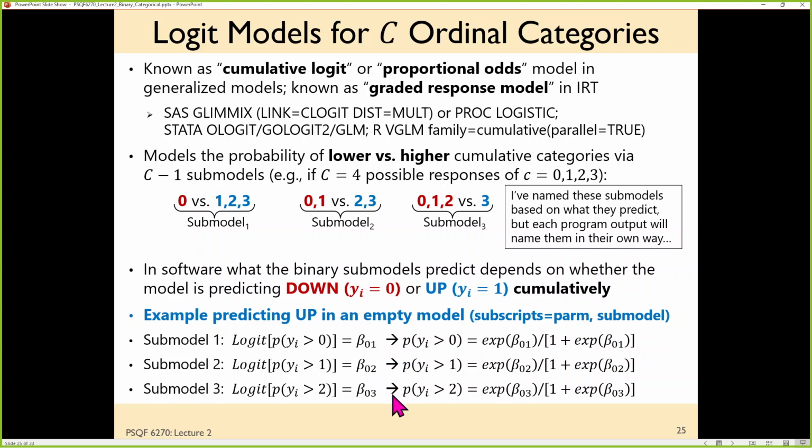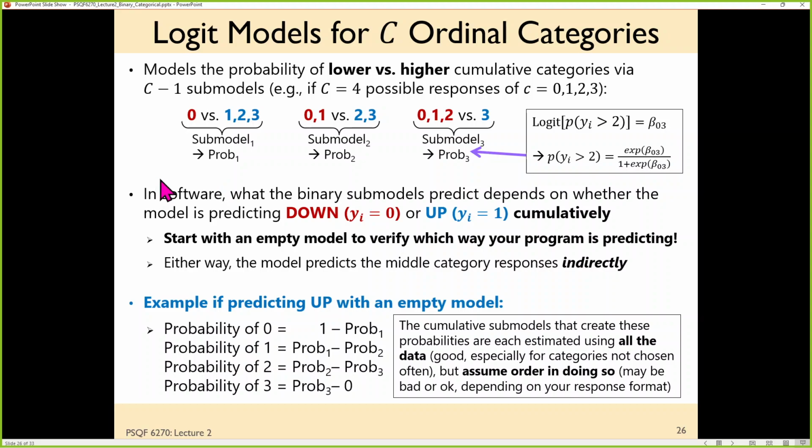Same thing for the other submodels, but note we have 3 different intercepts, because the intercept gives us the probability of a 1, right? We have 3 different 1s in these models. So the probability of answering in any particular category is indirectly provided by the model.